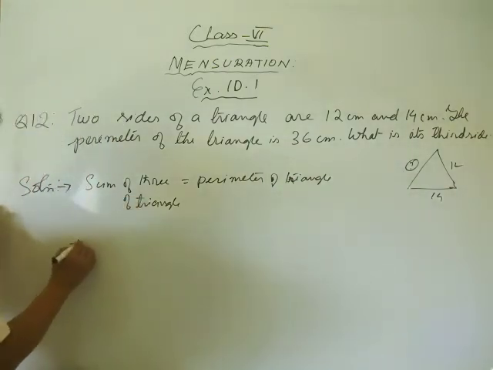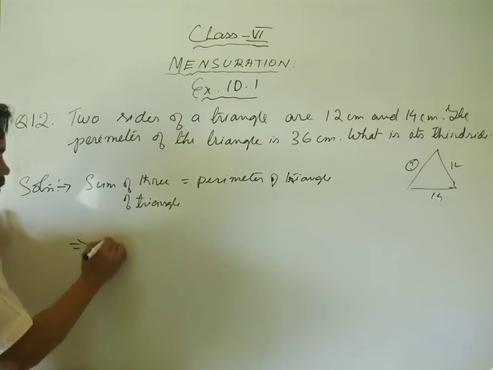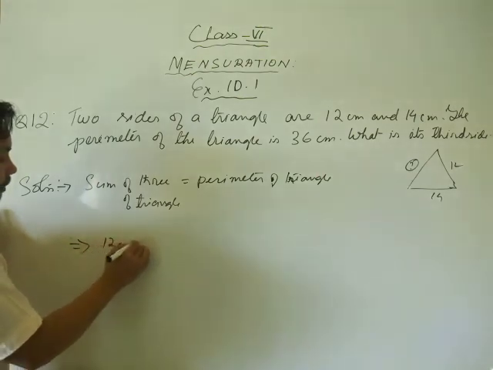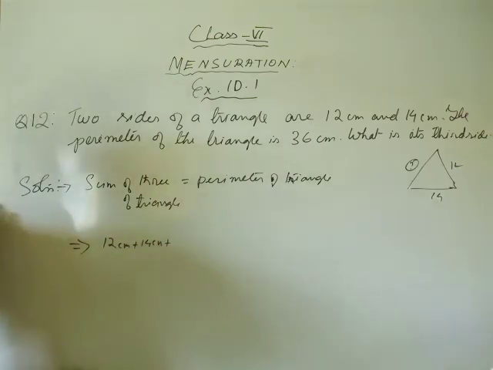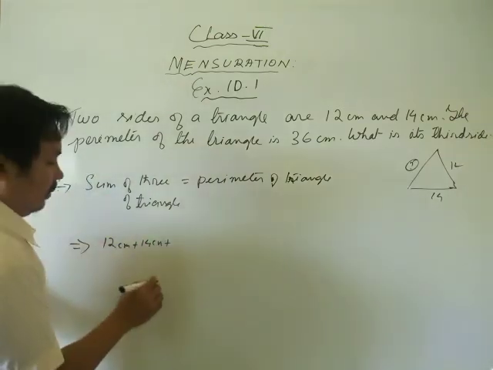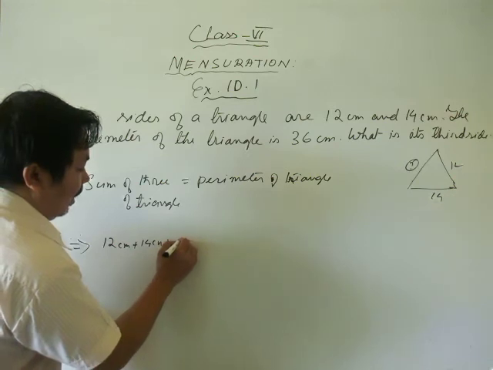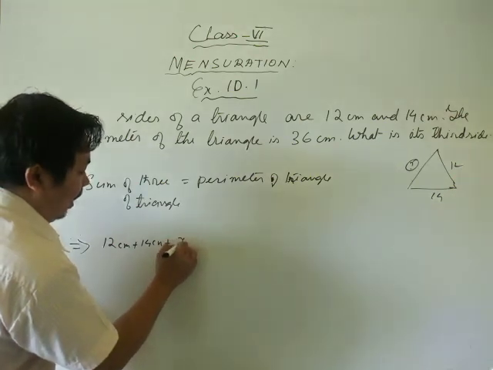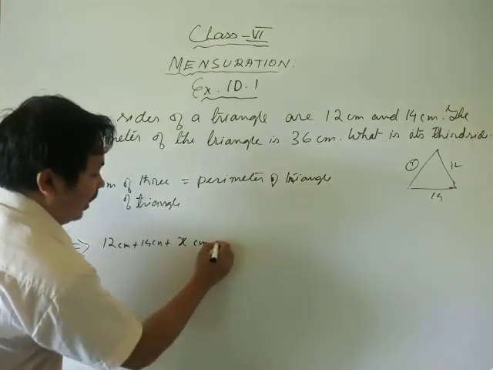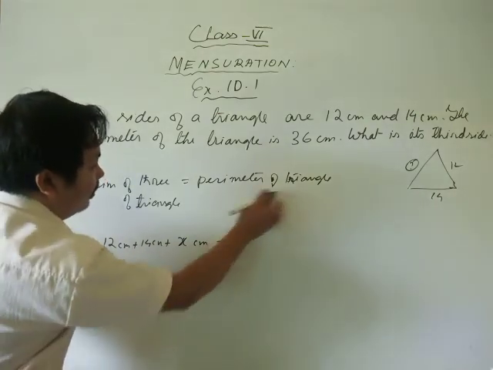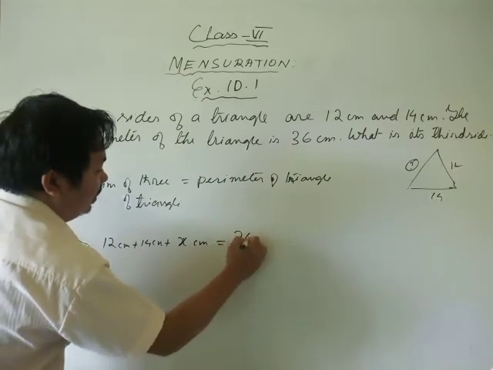So it implies that the sum of 3 sides, 12 centimeter plus 14 centimeter plus the last third side, which we don't know, let us say x centimeter, is equal to the perimeter. How much is the perimeter? Here it is 36 centimeter.